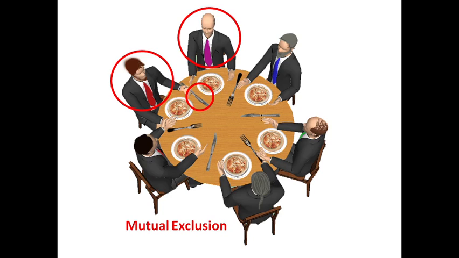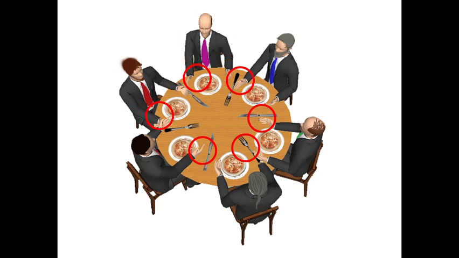But the second major problem is that every philosopher takes one fork at a time and starts to wait for the other fork to become available. Now what will happen? Nobody will get the second fork, and the food can never be eaten by any of the philosophers. This situation is what we refer to as a deadlock.